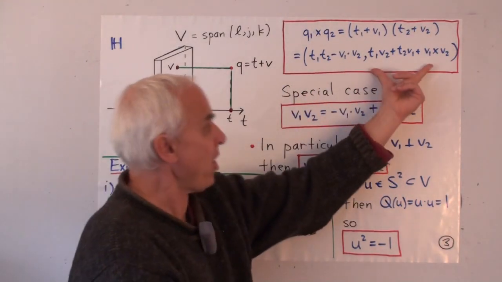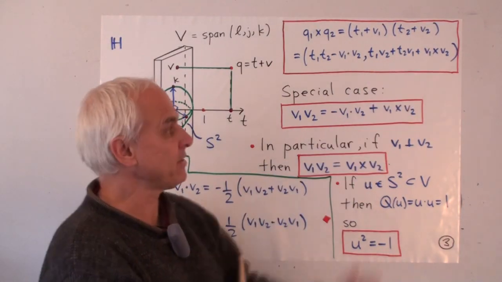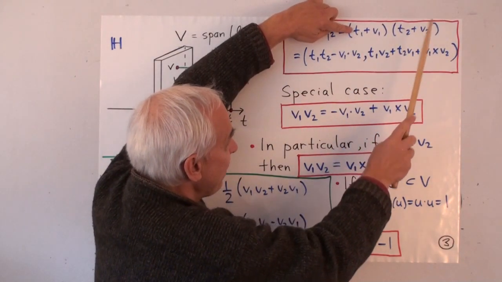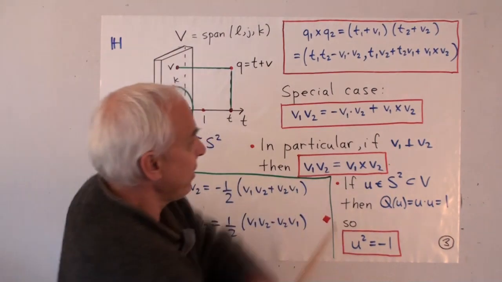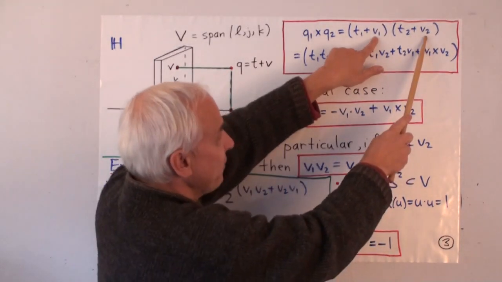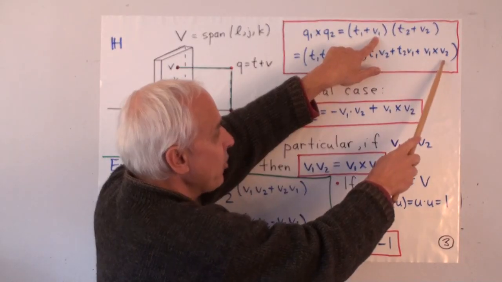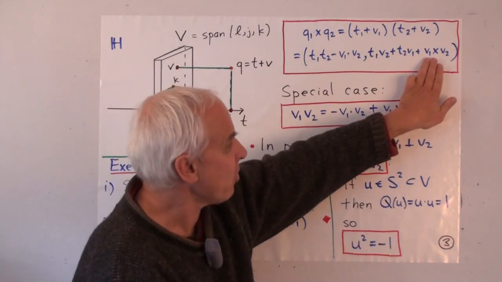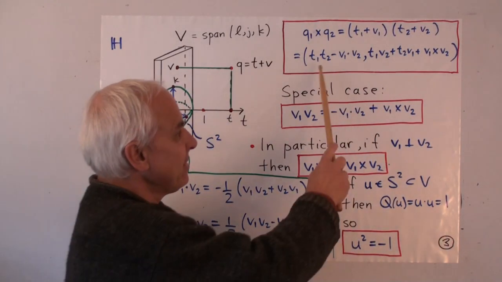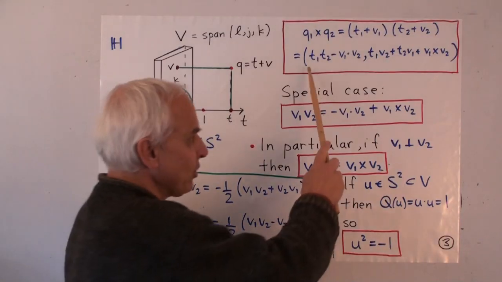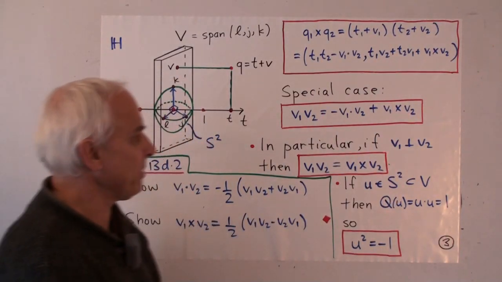And then the vector part of the product is t1 times v2 plus t2 times v1 plus an additional term, which is the cross product of these 2 vectors, v1 cross v2. And it's this cross product term that makes this different from complex number multiplication. Otherwise, it looks very much like complex multiplication.